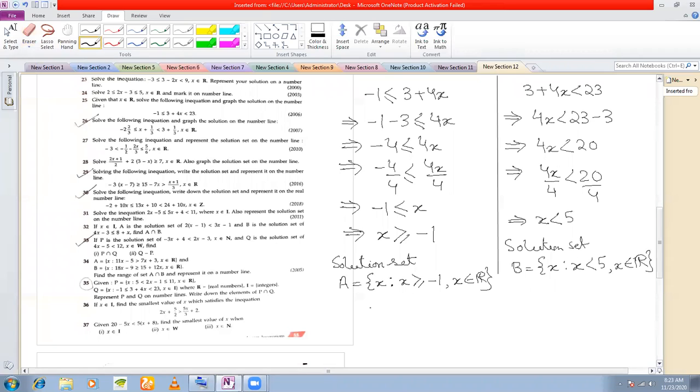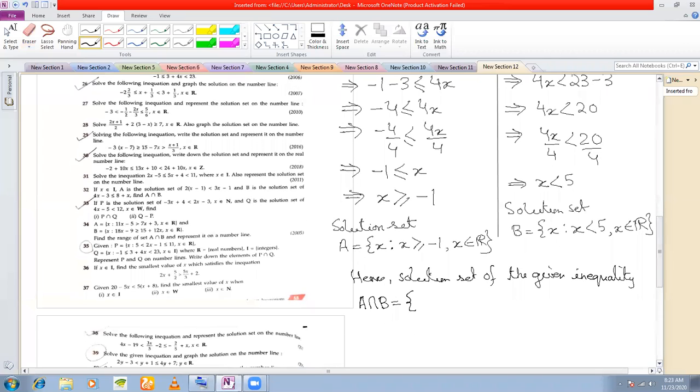Therefore, hence, the solution set of the given inequality will be the intersection of both the sets, A intersection B. Now, what should be A intersection B?